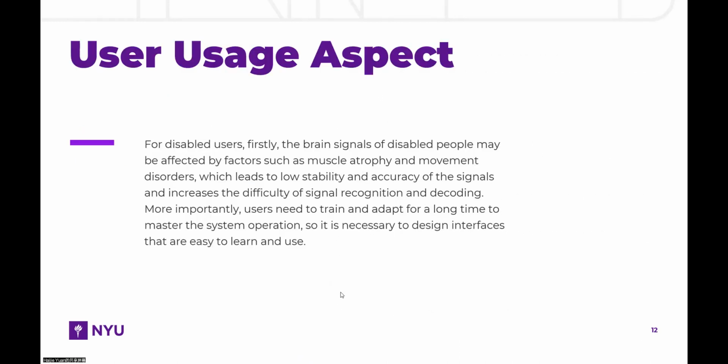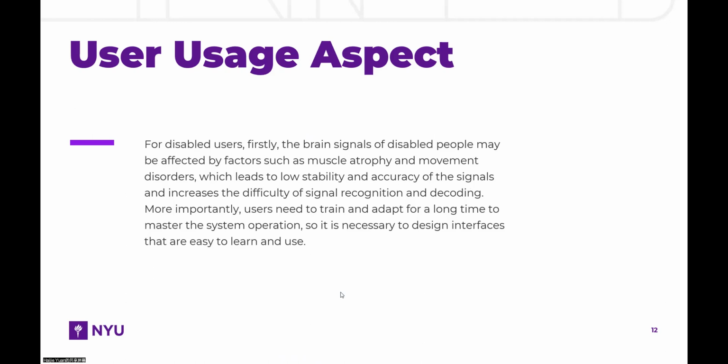The second is the user usage aspect. For disabled users, firstly, the brain signals of disabled people may be affected by factors such as muscle and movement disorders, which leads to low stability and accuracy of the signals and increases the difficulty of signal recognition and decoding.